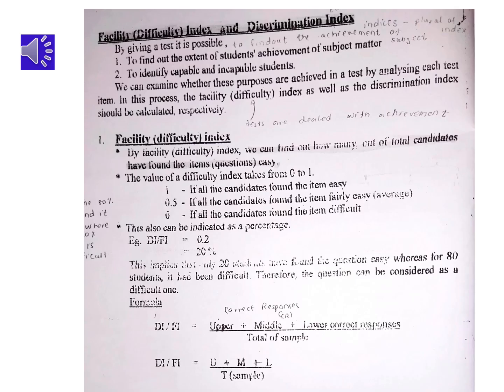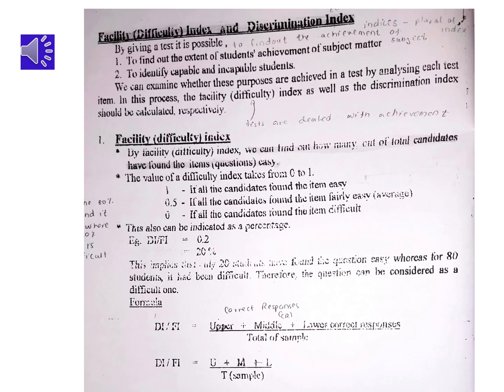That means they have not understood that particular part in the syllabus or the section because the majority of the students have found that question difficult. 0.5 means the average. 0 means if all the candidates found the item difficult, then we get 0.